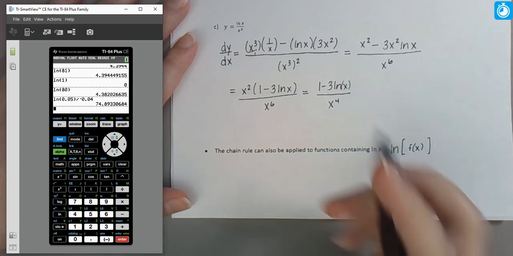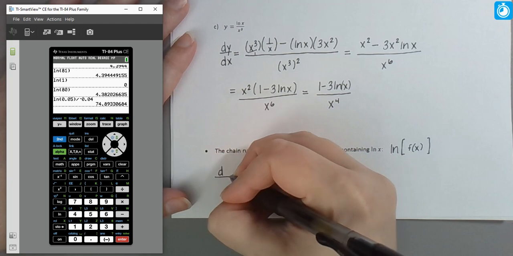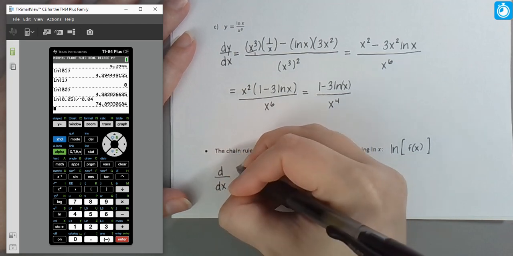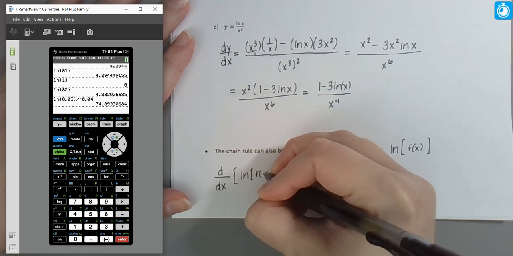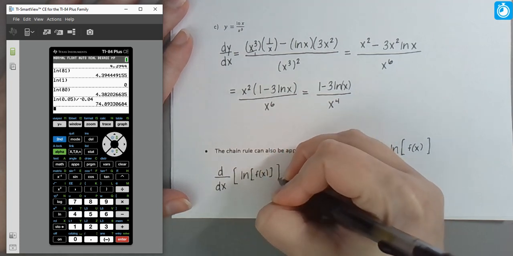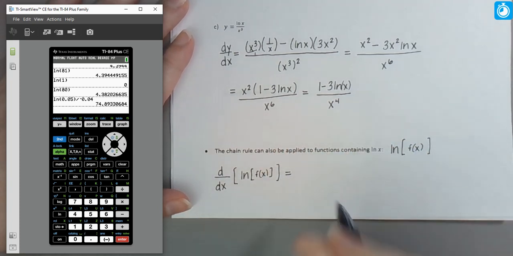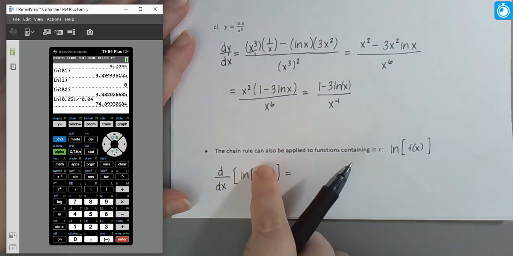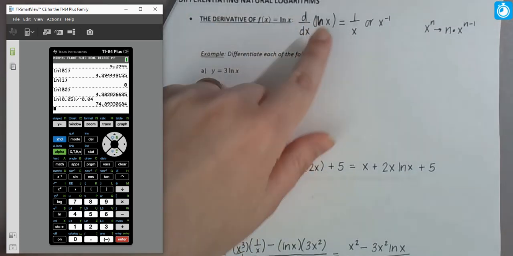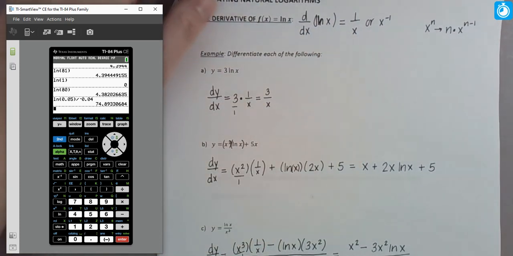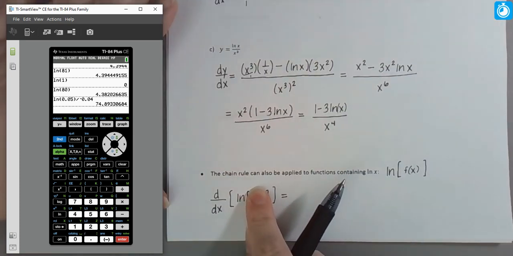So here, we're taking the derivative with respect to x of natural log of f of x. So the derivative of our outer function, well, the outer function is the natural log function. And we know if we take the derivative of the natural log function, it's just going to be 1 over x. x was the input for the natural log.